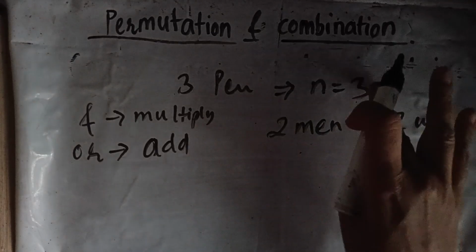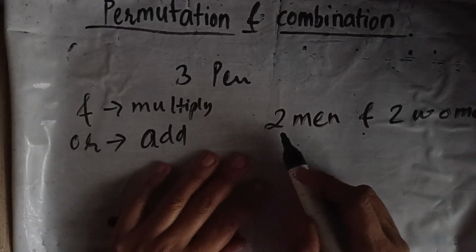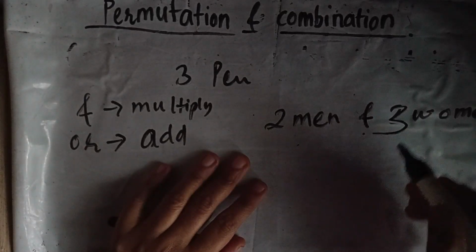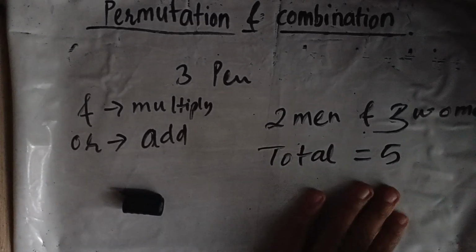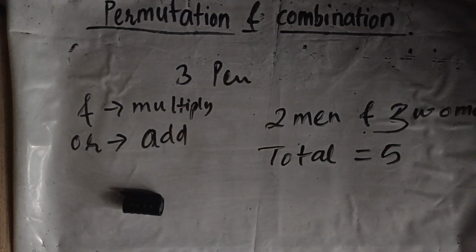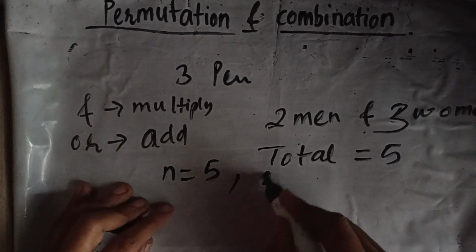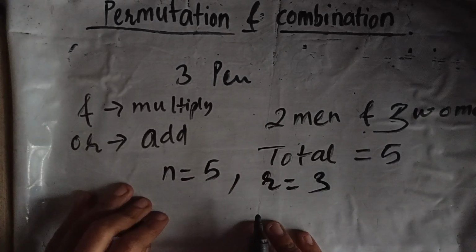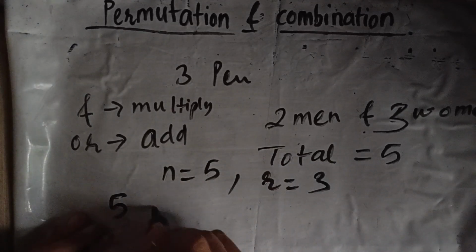Oh sorry, n is not 3. Total people you have are 2 men and 3 women. So total is 5, out of which you are choosing 3 people, right? So your n is 5 and r is 3. So this will be 5C3.